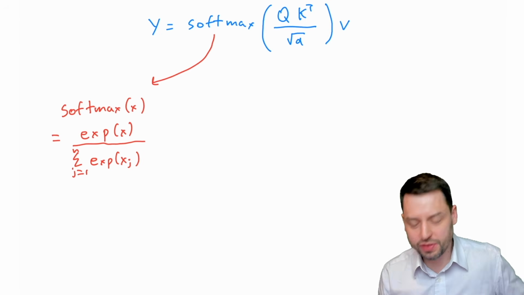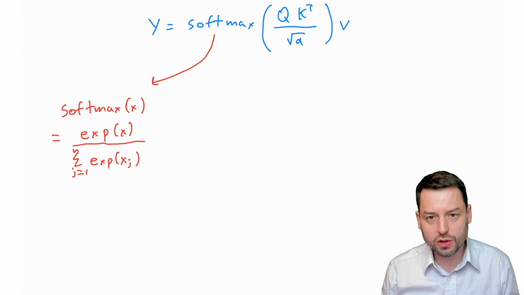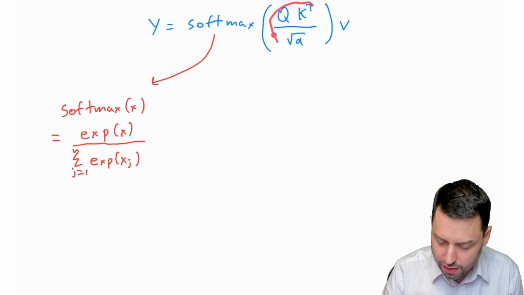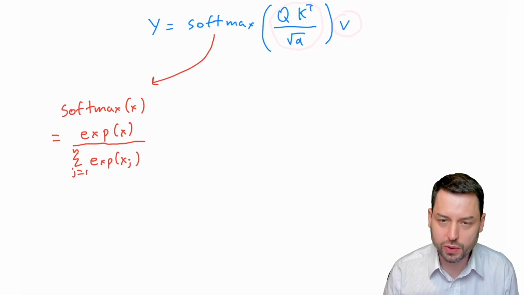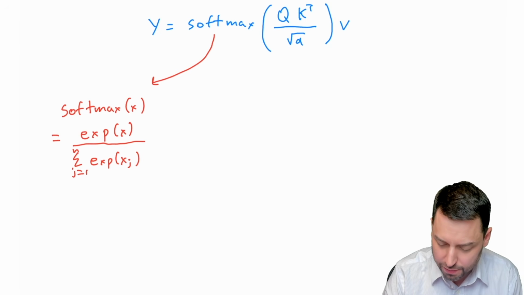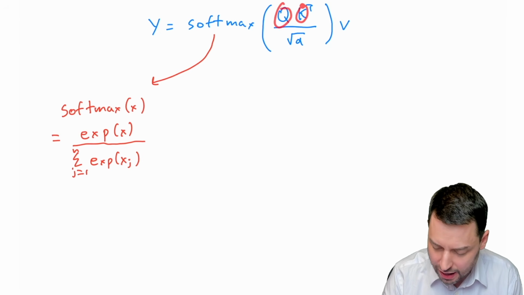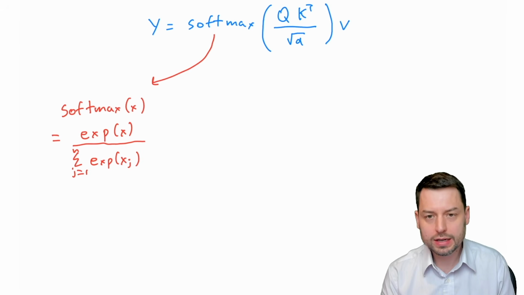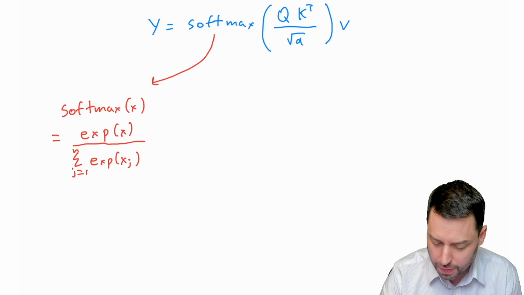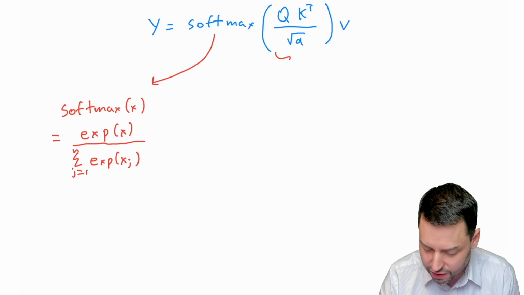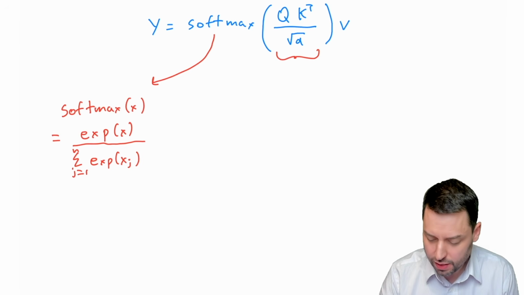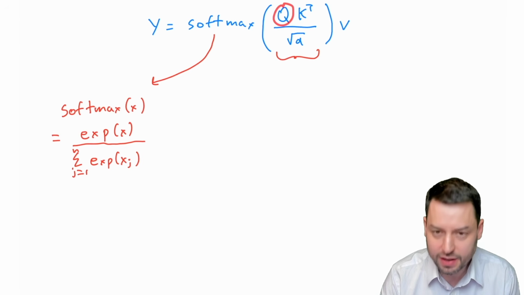But before we get into that, let's take a moment just to look at the size of this operation, what this set of multiplications is doing, and the size of each term. All right, so remember, in this setting, Q, K, and V are all T by D matrices. What this means is that Q is a T by D matrix.